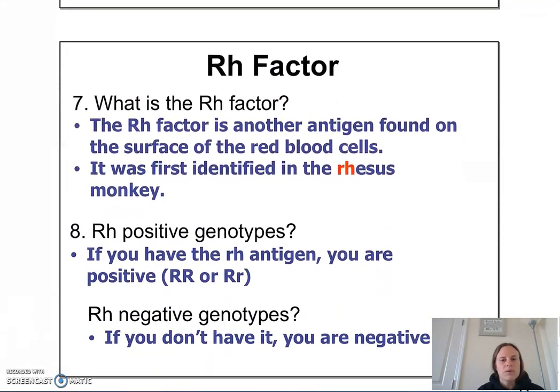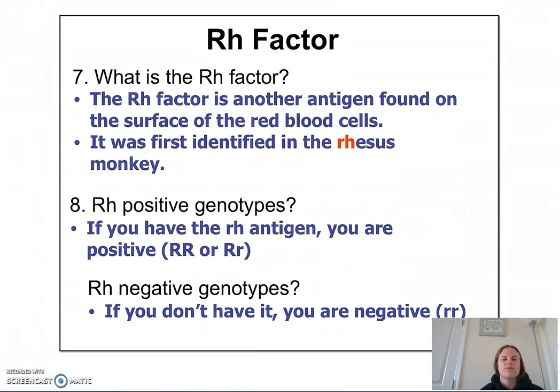There's another protein located on the surface of our red blood cells called the Rh factor. The Rh factor is another antigen found on the surface of the red blood cells, and it got its name because it was first identified in the rhesus monkey. So you can be positive or negative for the Rh factor.